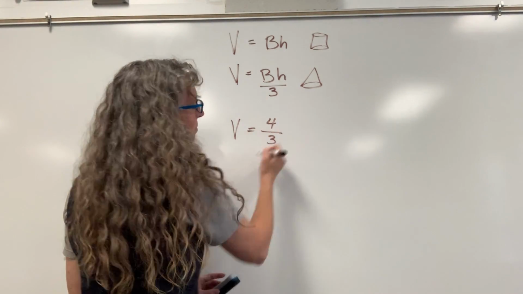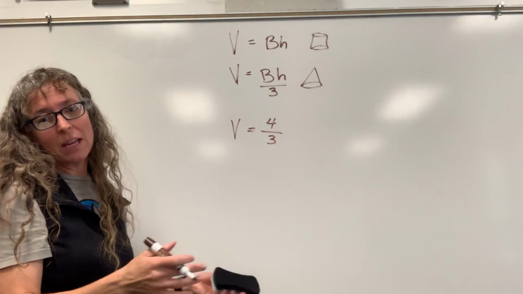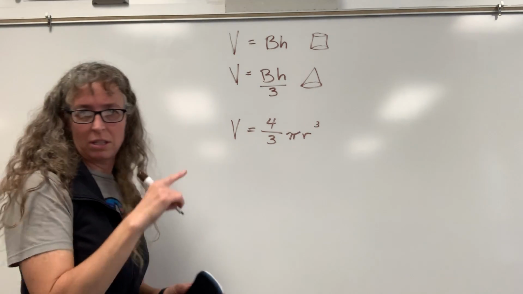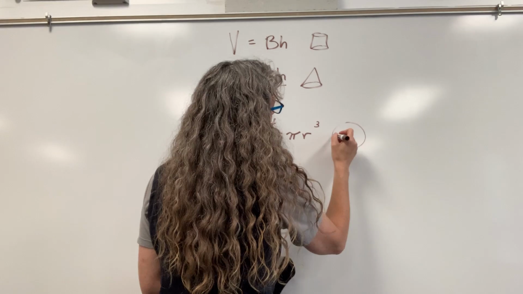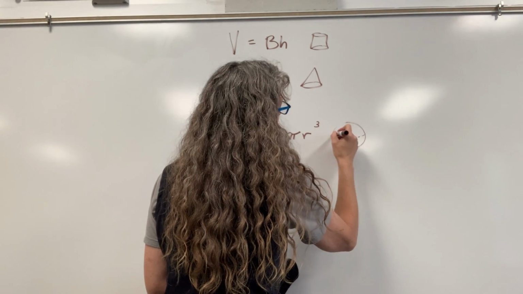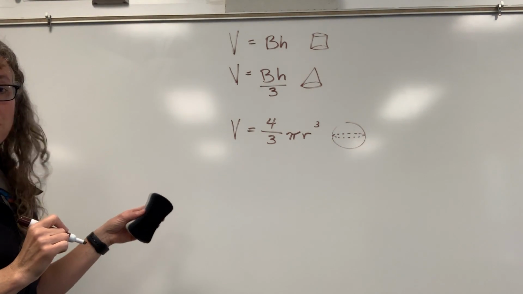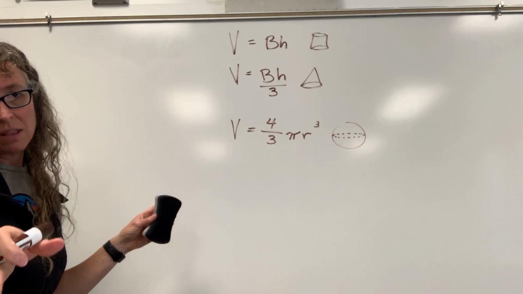I know it's totally weird, but we have those super fancy calculators, so it'll be no problem. So 4/3 pi r cubed, which is a little different than usual. This is a totally different formula, and this is for a sphere, which I'll just draw like this so you see it's 3D. Those are your formulas for today. Snap a picture of that if it helps you. If you don't need to, it's okay. They're there in your book.